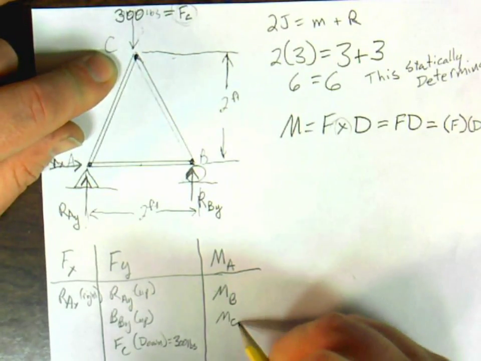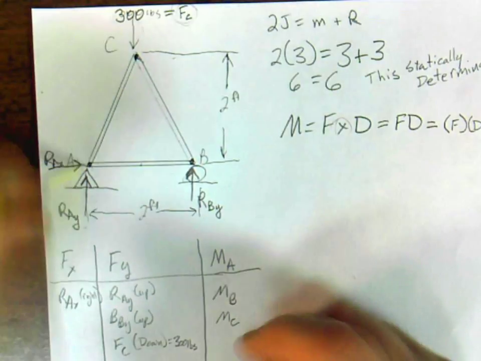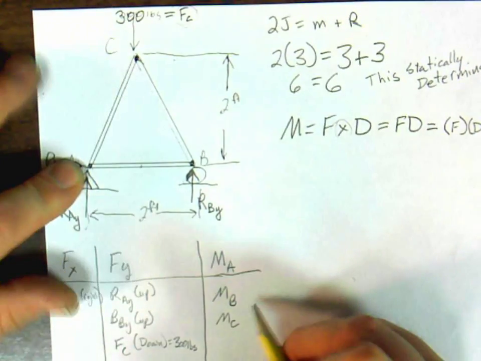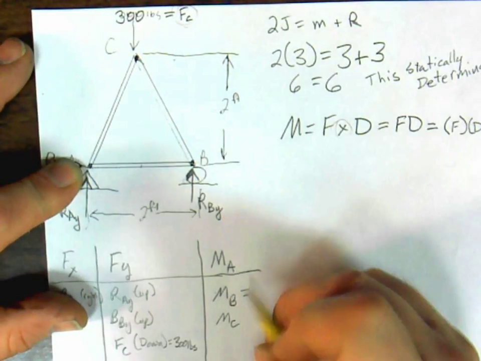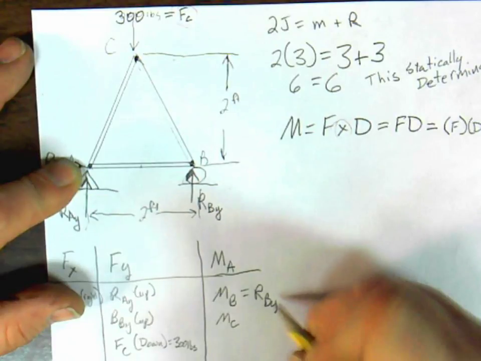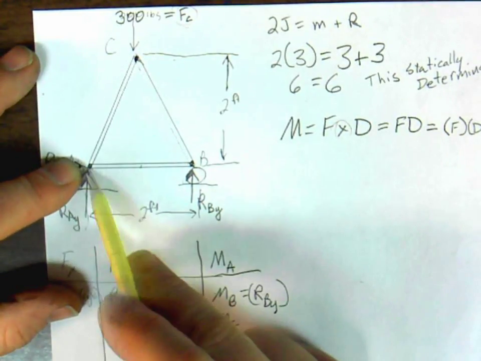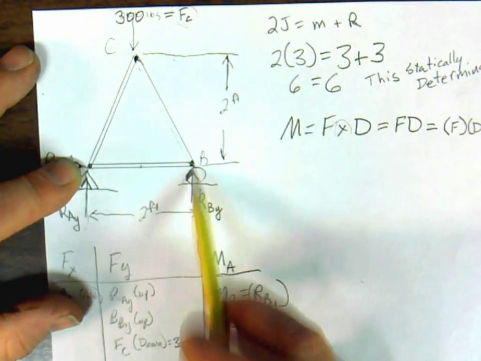Well, the moment about B is going to equal the force, which is RBy, times the distance back. This is a normal force, so we have to go perpendicular back. That's 2 feet times 2 feet.